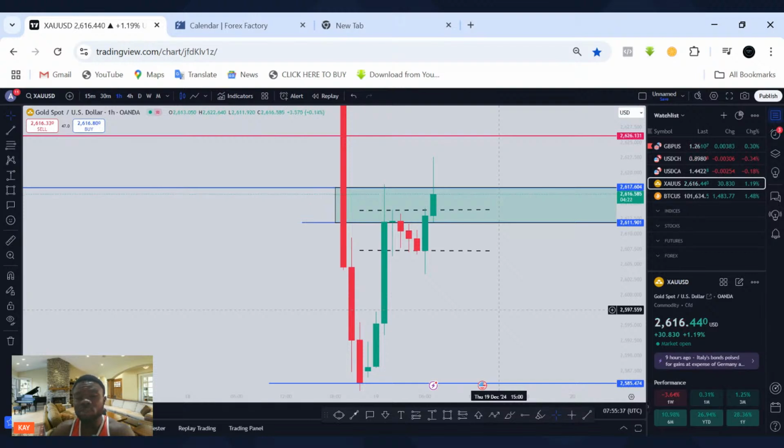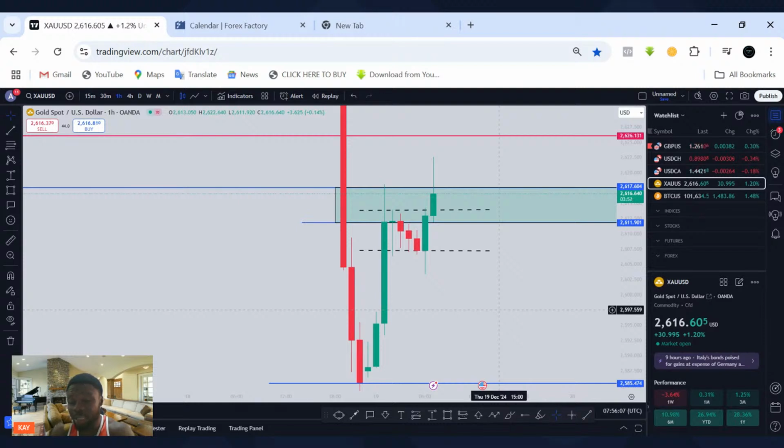If price has currently gotten into a strong level, a strong area of interest, maybe a daily resistance level or the weekly resistance level, one of the strongest levels, and sometimes the H4 support or resistance level too. So these two confluences align.